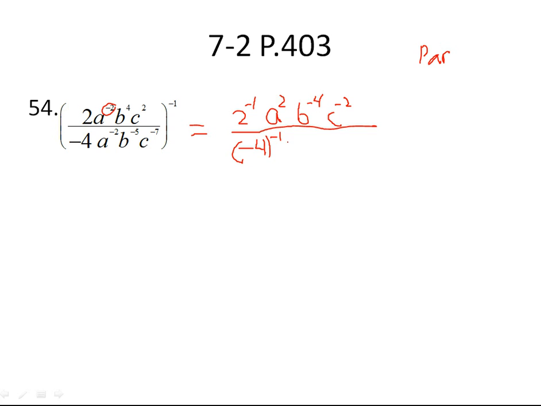A to the -2, -2 times -1 is a squared. B to the -5, so -5 times -1 is 5, so b to the 5th. And then c to the -7th, -7 times -1 is positive 7.